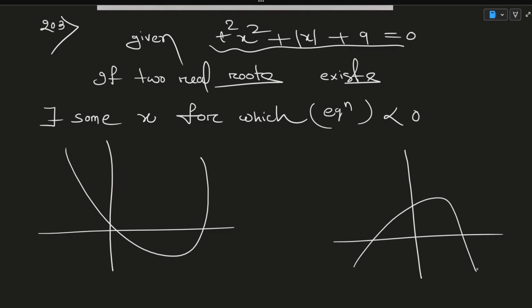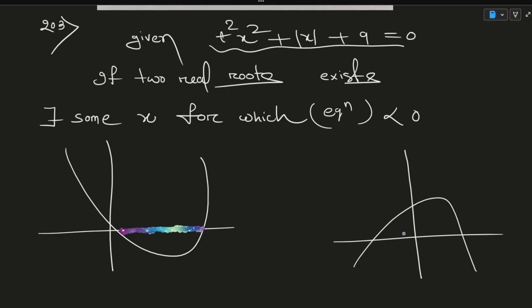It will be either an upward parabola or a downward parabola. So there exists some x here. If the value of x lies in between this portion, then the value of the quadratic equation will be less than 0. You can clearly see that.